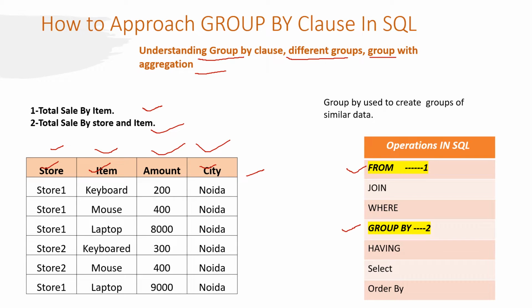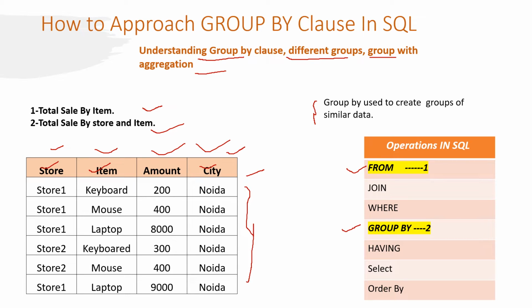So let's start with what the group by clause is. Group by clause is basically used to create groups of similar data. As an example, if we want to create a group on city, then we need to group the available values.